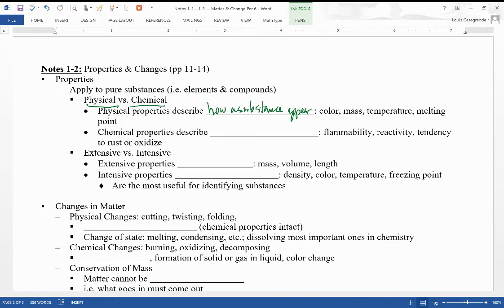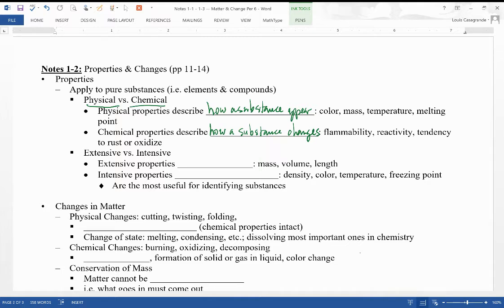And that's what a chemical property is, how a substance changes. These include properties such as flammability, like gasoline, reactivity, how easily an element or compound reacts, tendency to rust or oxidize, a whole host of other ones. And these are going to be things that apply to chemical reactions.